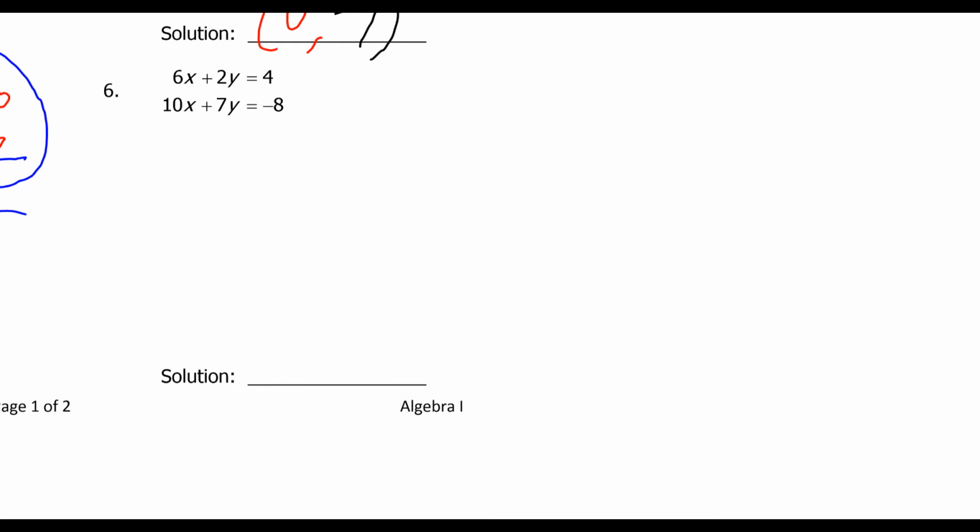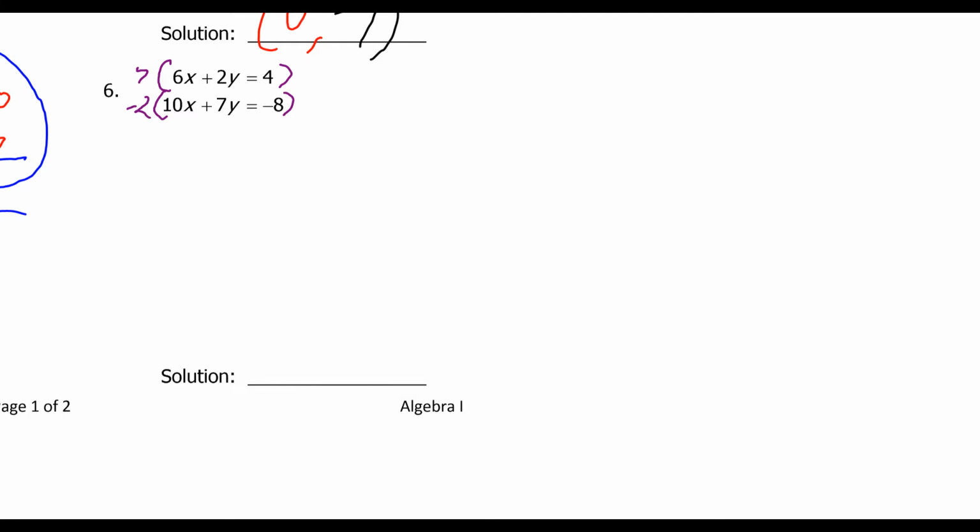What would be the easiest thing? Let's try to keep the numbers small. Things that I see, okay, I see 7 and -2.